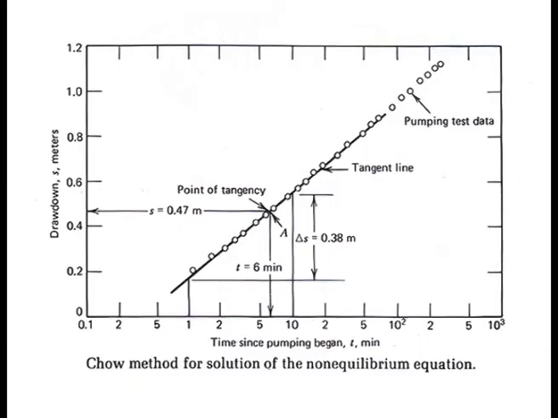We plot the data according to the Cooper-Jacob method, and we get a straight line. On this straight line, we choose an arbitrary point, draw a tangent there, and determine the value of s. So, Fu equals small s upon delta s.